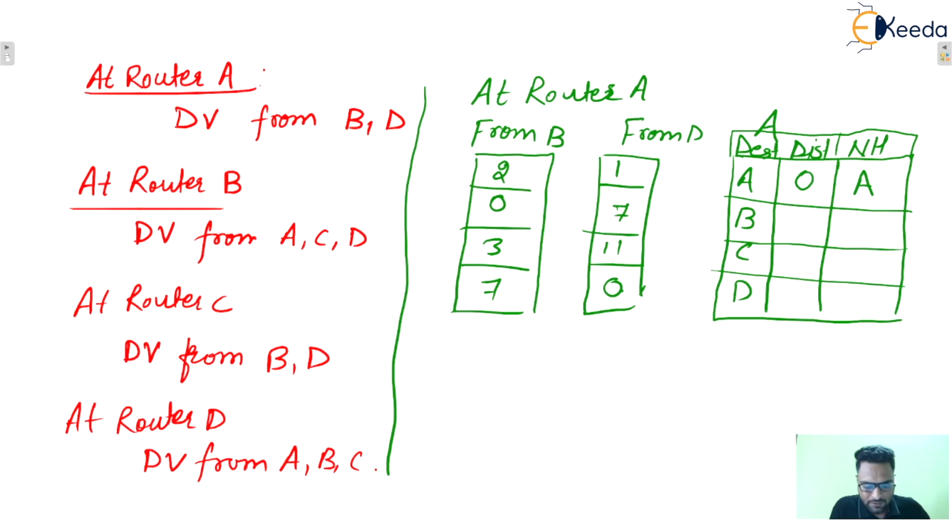Now we'll see the A to B path. This curly arrow sign means path; this is not the edge. Now we want to calculate the distance from A to B. There are two possibilities.